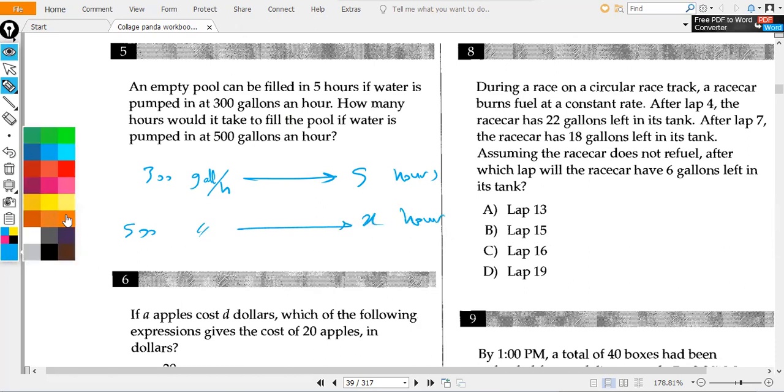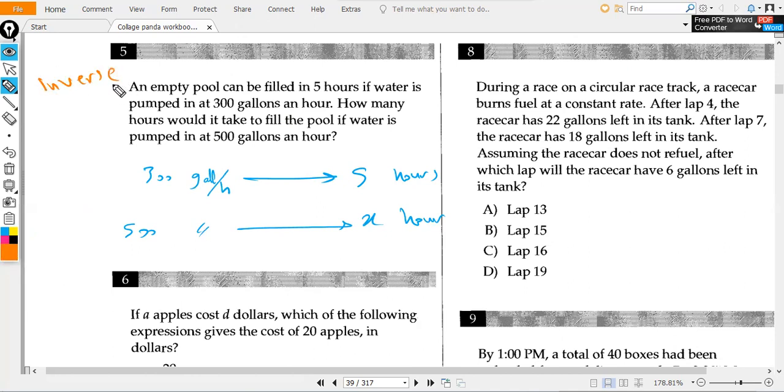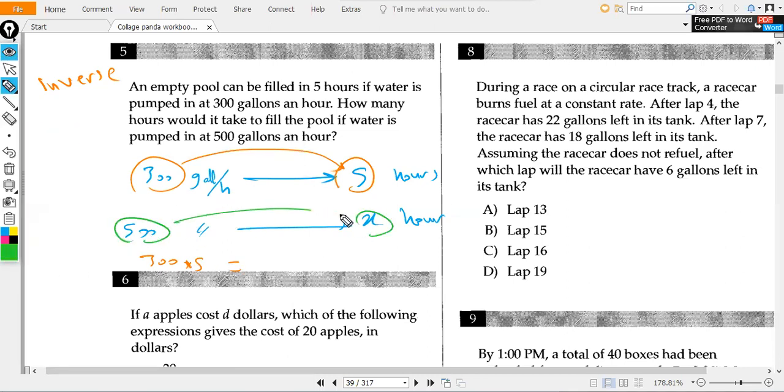And here, because we talk about inverse variation, we couldn't cross multiply both sides because the division is not constant, but we can multiply each number by the number in the same row. So we can set that 300 multiplied by 5 equal 500 multiplied by x.